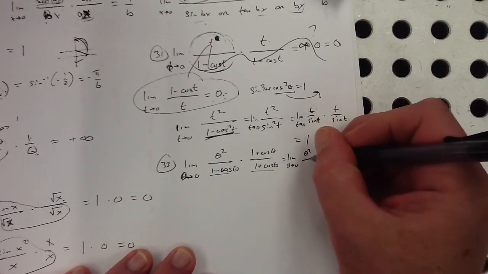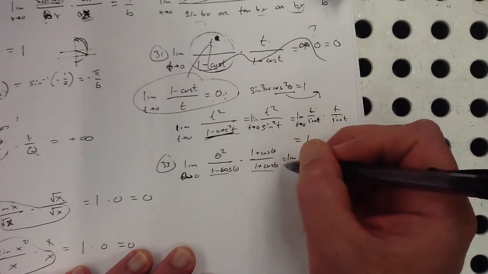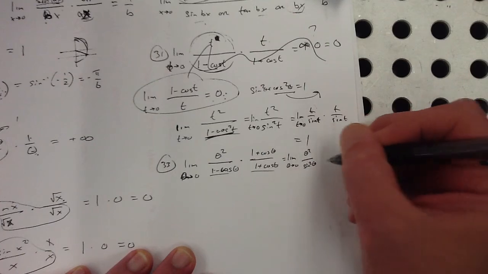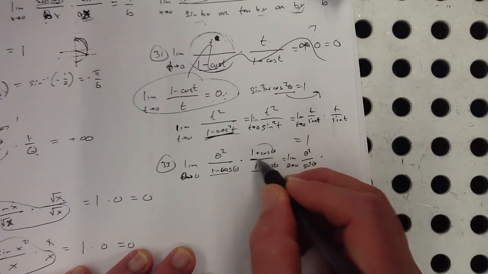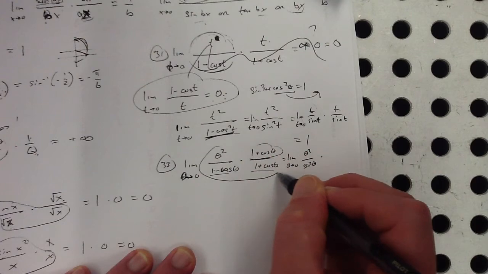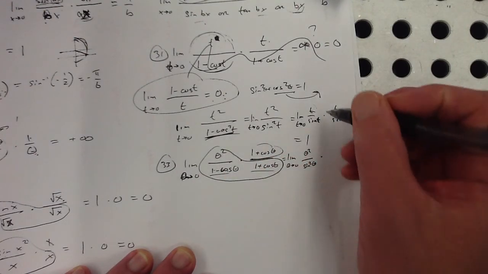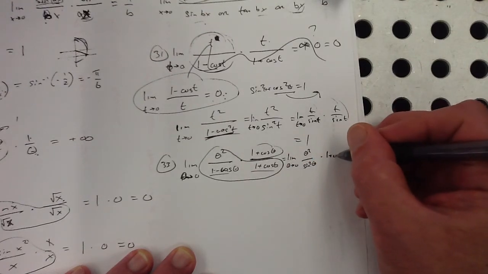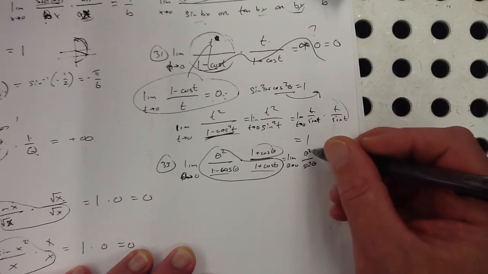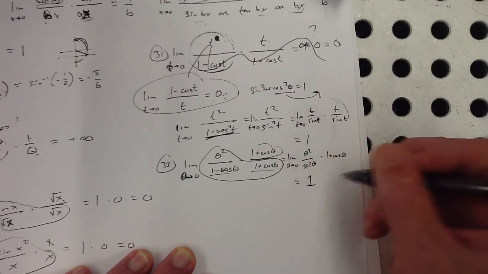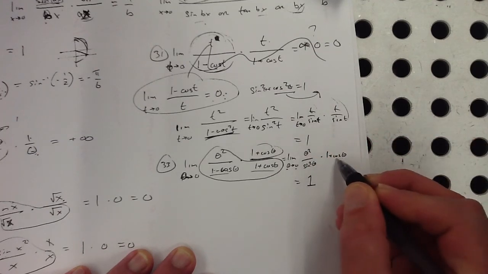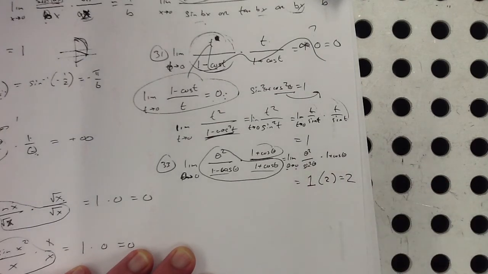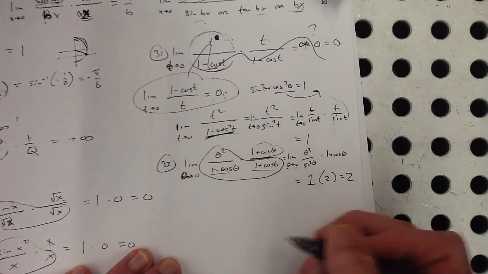So I got theta squared over 1 minus cosine squared theta, which is the same as sine squared theta. And then I've got one extra one of these, right? This all turned into the same as what we did in 31. And then I've got my extra 1 plus cosine theta. So this turns into a 1, and then plugging 0 in here, cosine of 0 is 1. So that gives me 2 there. A little tricky.